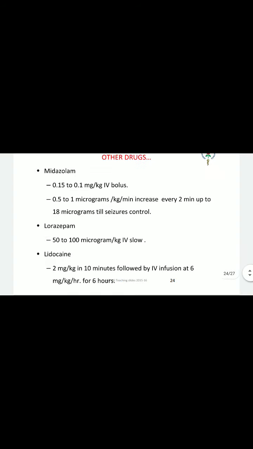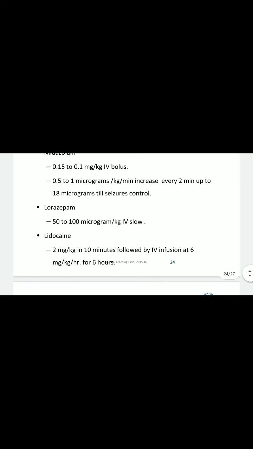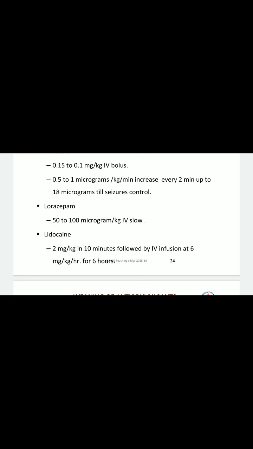Lorazepam, if you consider, 50 to 100 microgram per kg IV slowly. If you want to use lidocaine, 2 milligram per kg in 10 minutes, followed by IV infusion at 6 milligram per kg per hour for 6 hours.